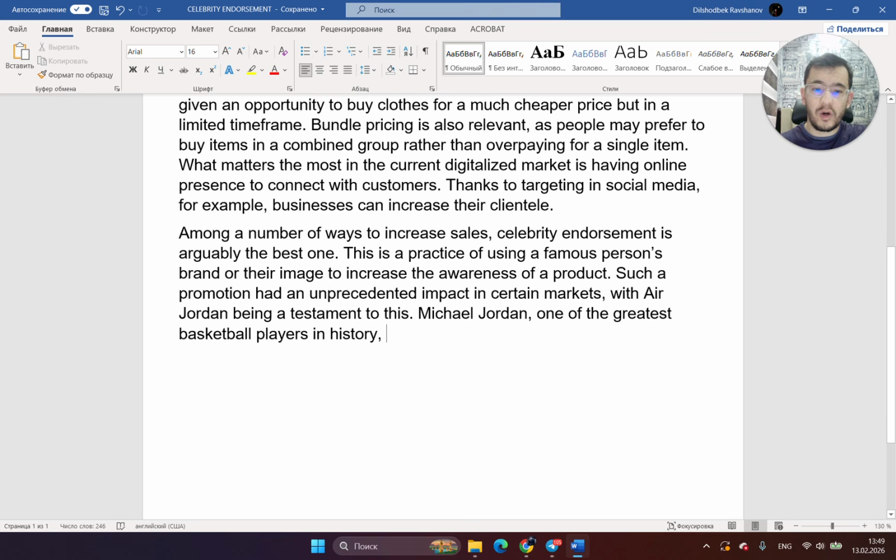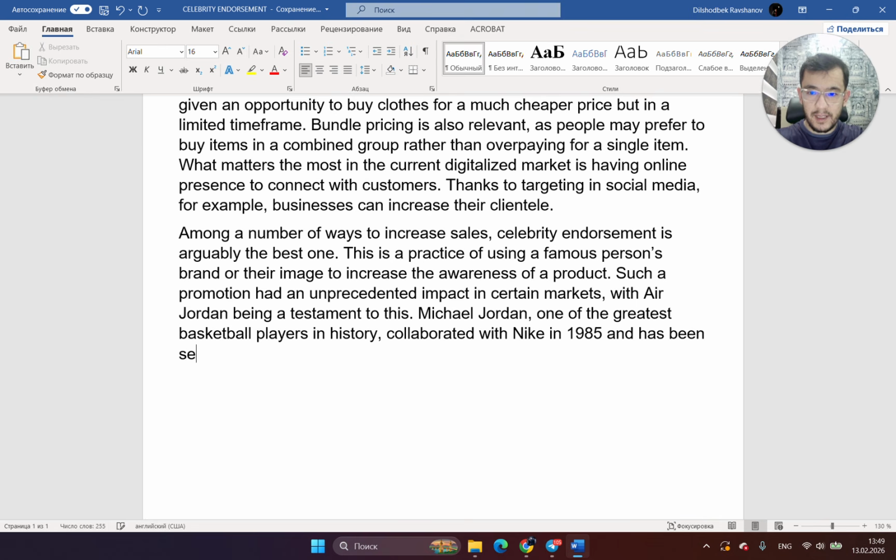So Michael Jordan, one of the greatest basketball players in history, collaborated with Nike in 1985 and has been selling Jordan shoes ever since, right? And I think they're the most effective in the basketball market.